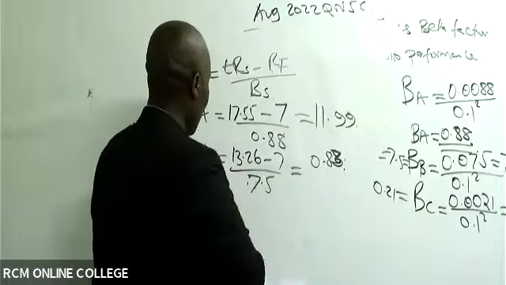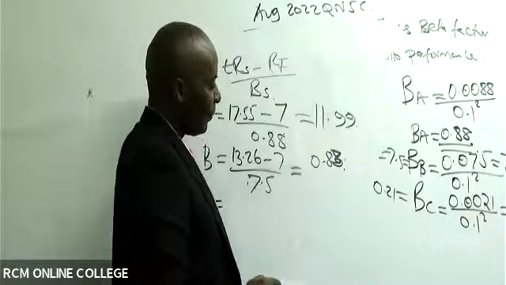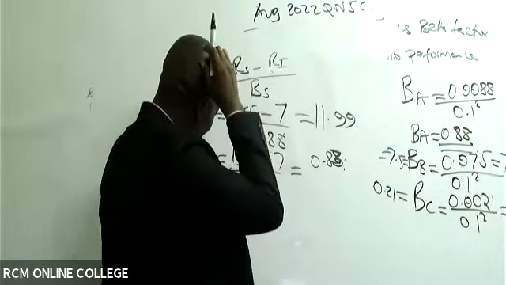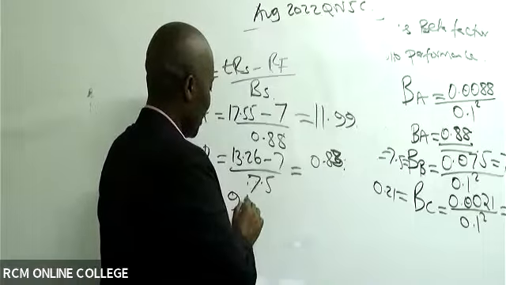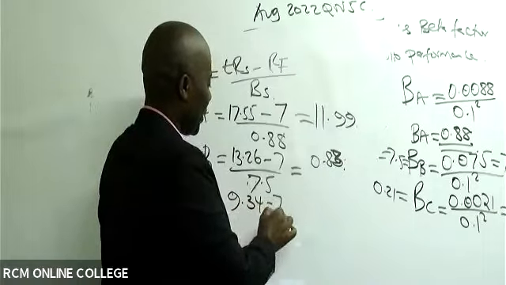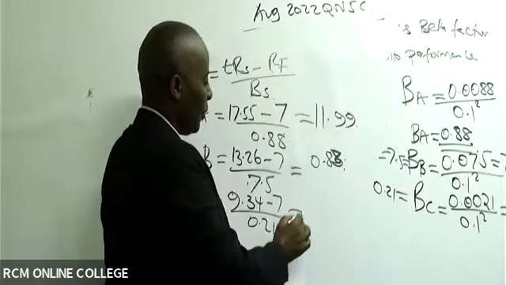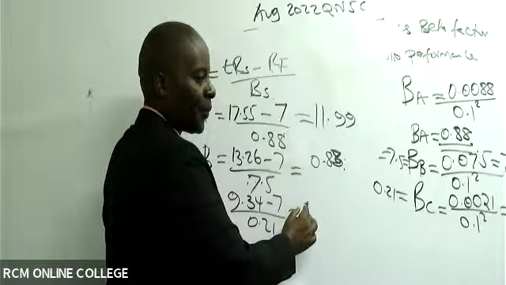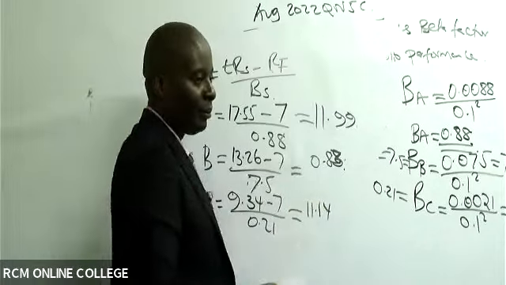Is that okay? And then we go to C. See what we have there under C. I should take 9.34 minus 7 over 0.21, isn't it? Which gives me what figure? 11 point something.